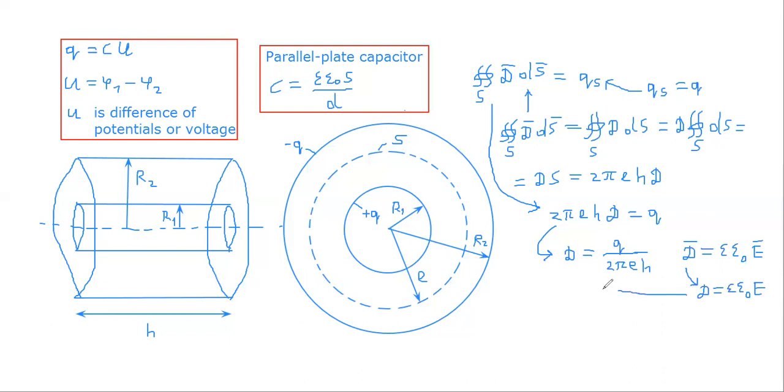And from here we have that E is equal to D divided by epsilon epsilon 0, and this is equal to Q divided by 2π epsilon epsilon 0 LH.